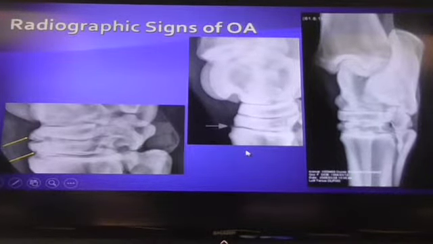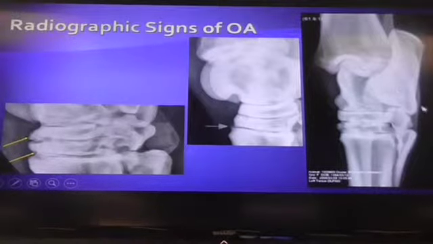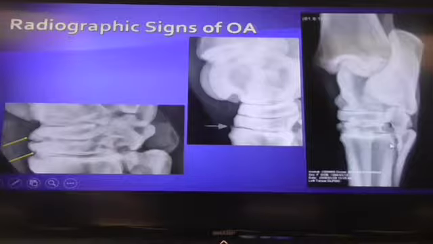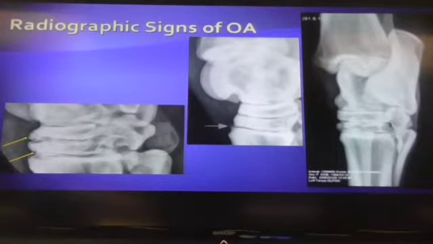Now there are a few things that you're going to see when you see osteoarthritis in a horse, ranging from mild little subtle stuff to really big changes. We'll start with the picture on the right here. Do you notice anything here? I'll tell you, there is a little abnormality here. This is my subtle. Okay, so what's that? No fractures.